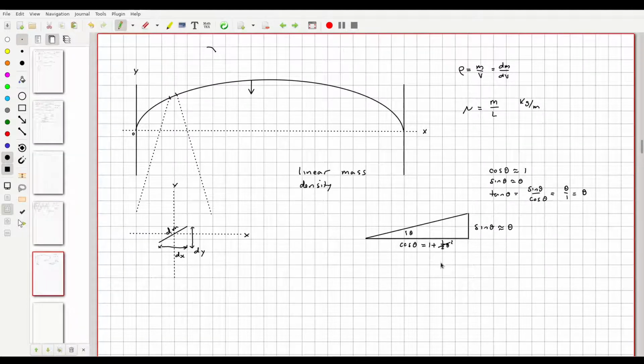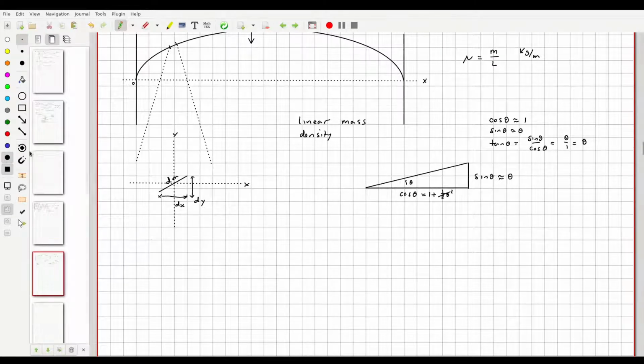There's a reason why I'm pointing this out. If I take this element and blow it up, this is my little line element. It has a mass of dm. Even though it technically lies along dx and dy, dy is so small that it more or less lies along just dx.